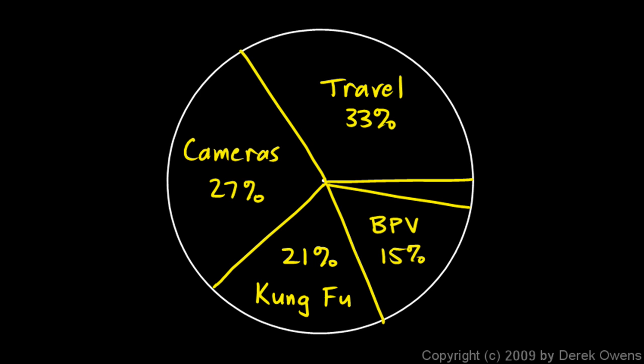Then there's not enough room to write in this sector, so we just put a little line here, and we can write outside. Pizza is 3%, and this angle right there should be 3% of the total, or 11 degrees.